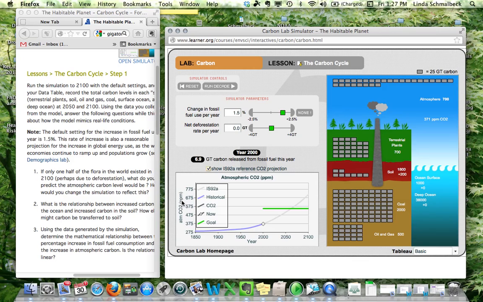Here it is in parts per million in a particular year. This one assumes that 2000 is the last year we have real data for, and then everything after this, when you start running the model, will be a model, a projection, not actual data, but a mathematical projection.